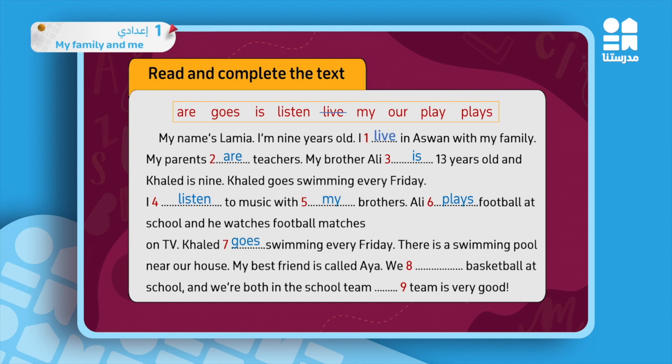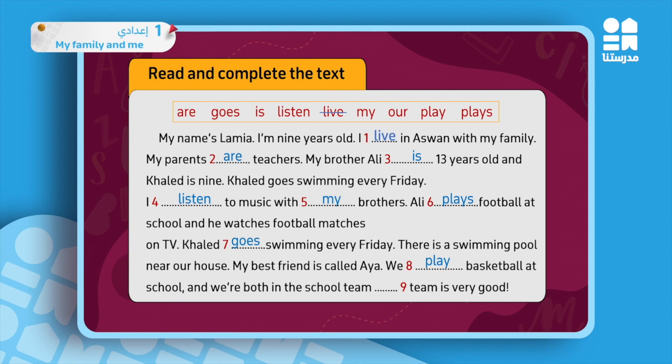My best friend is called Aya. We space basketball at school. We play basketball at school. Excellent, because here I'm talking about us, we, plural. So I will use the base form of the verb play.